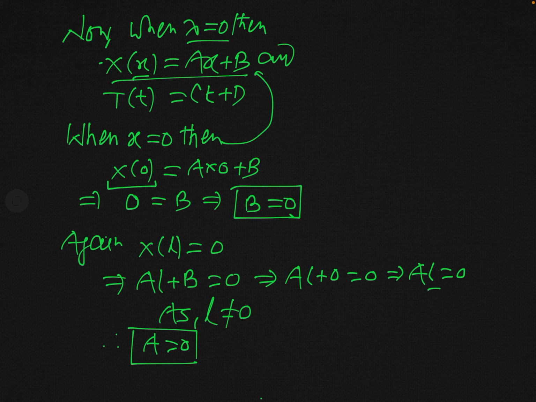Now, again, from the equation which we have obtained in the second possibility, when we have taken lambda equal to a positive quantity, let us see what we will get.